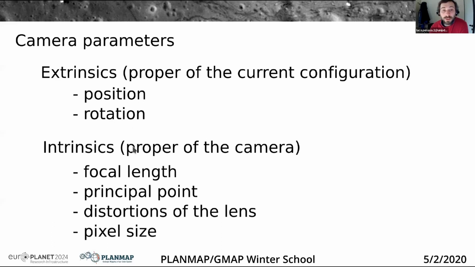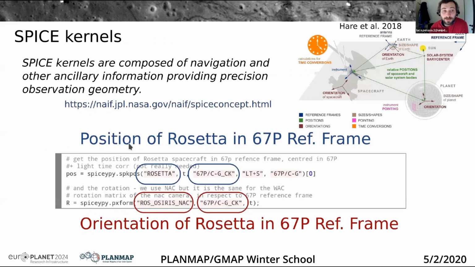Of course, there are sources for that kind of information. I would like to recommend you have a look at what SPICE kernels are. I'm pretty sure some of you already know that. But as an example here, I would like to show that they are basically used to query databases of navigation information and other information from missions.